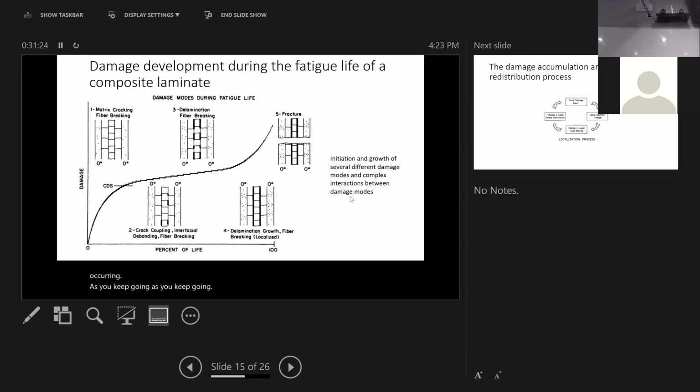what happens is the matrix cracks start linking up. They're like attracting each other. They not only go in the horizontal direction, they actually turn vertically. That becomes a delamination. They separate. The cracks are coupling and form a zigzag shape.